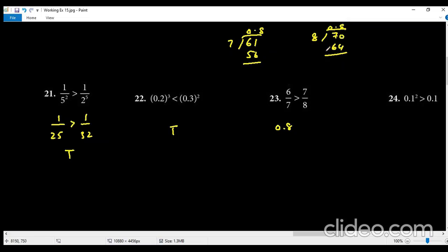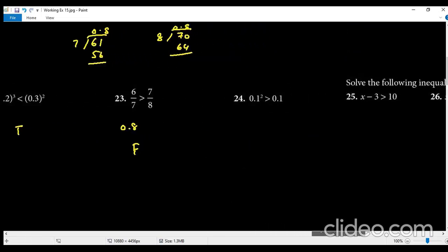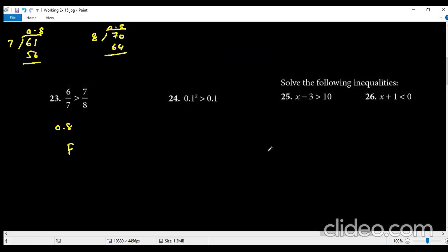So both are 0.8. Proceeding to the next level of decimals is going to give you a false statement because this is not bigger, this is smaller. 6 over 7 is smaller. So the statement is false. When it comes to question number 24, this is also a false statement because 0.1 multiplied by itself gives you 0.01, which is not greater than 0.1, so it is a false statement.